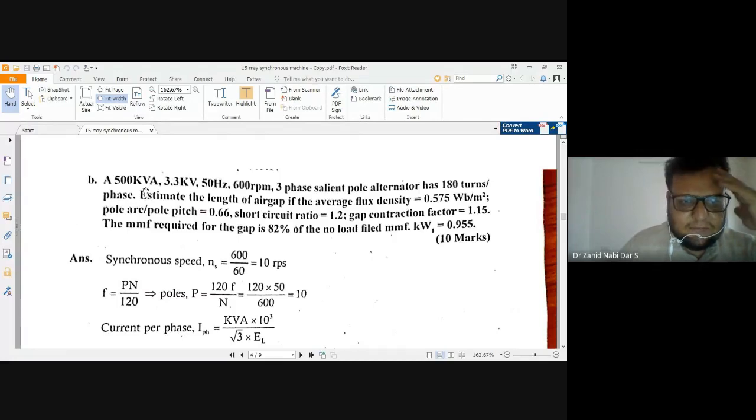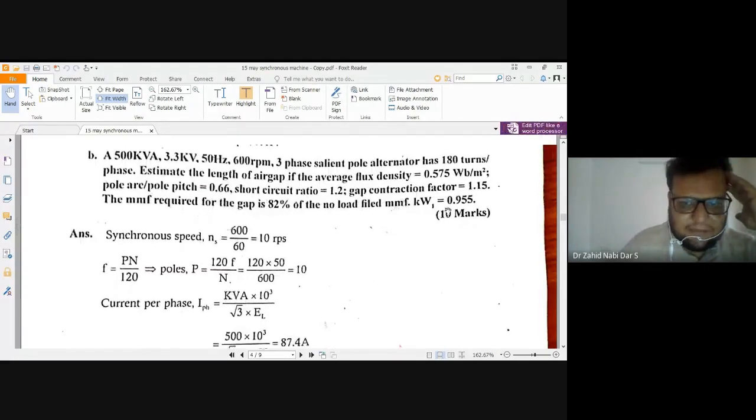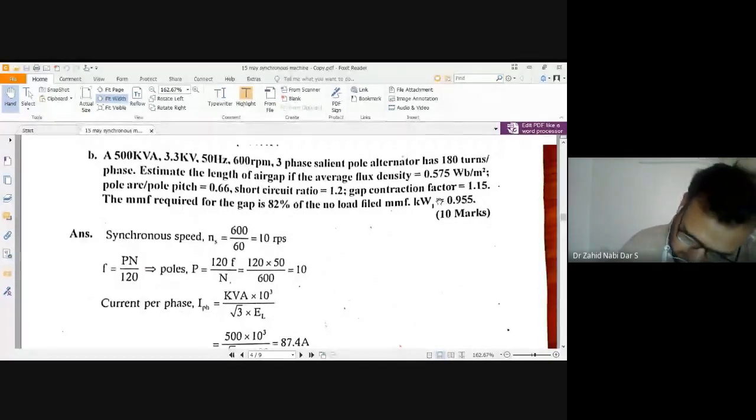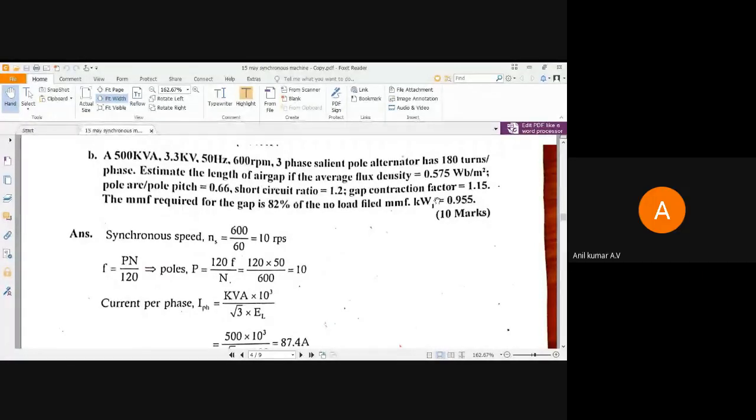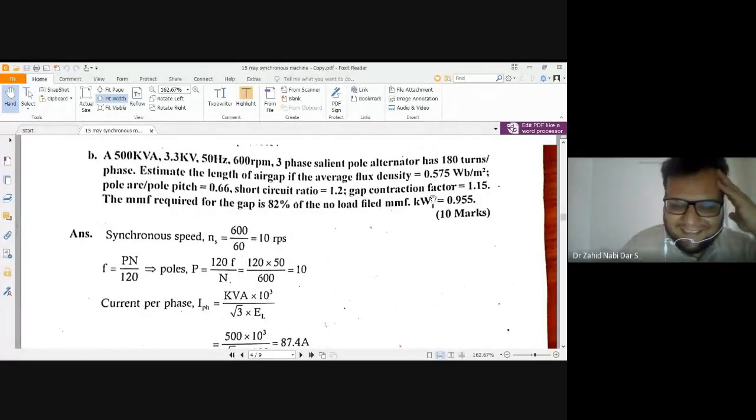So you can see this question. Let's read this question. For 10 marks it is coming. So Anil Kumar's heart is pumping very high, and I can feel that because he's thinking, I'm a diploma student, a problem has come, so I have to leave this. Fakresh, what is the feeling? How are you feeling after looking at the problem?